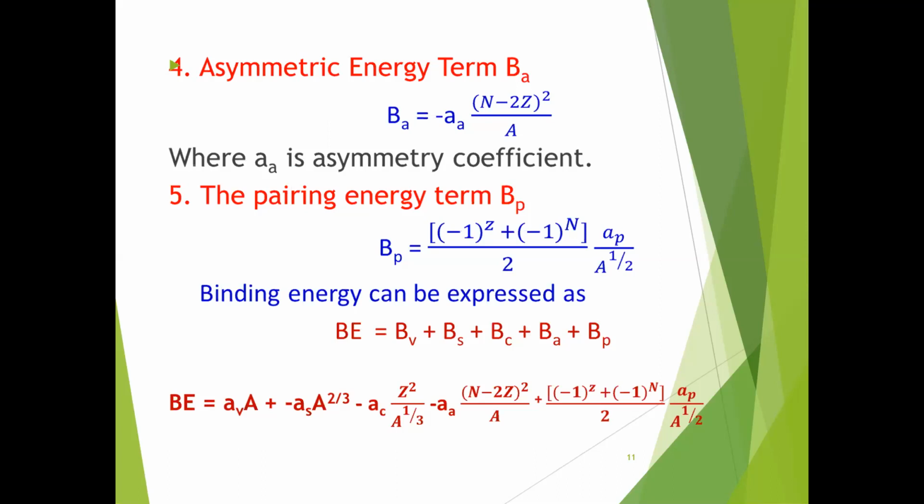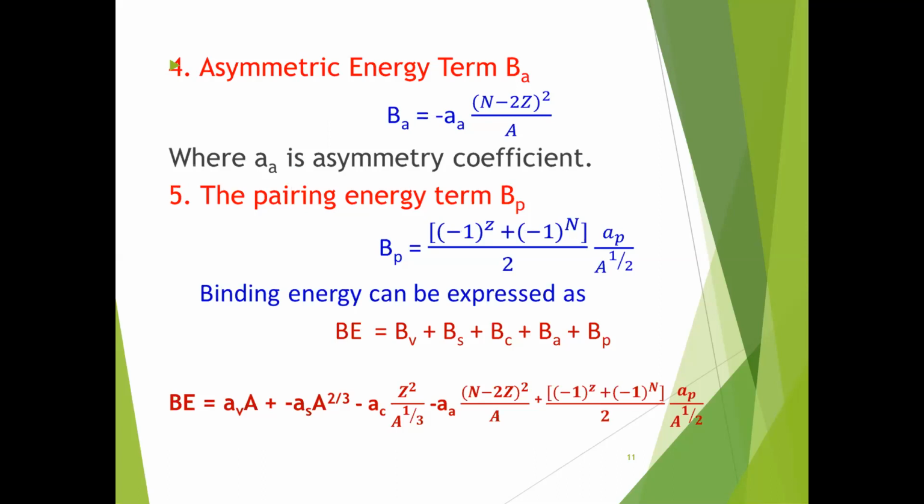And third, nuclei for which either the proton or neutron number is odd are intermediately stable. So, in order to account for the experimentally observed phenomena, the pairing energy term is added.